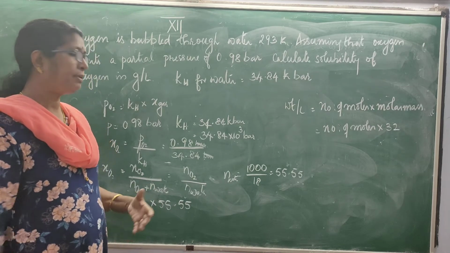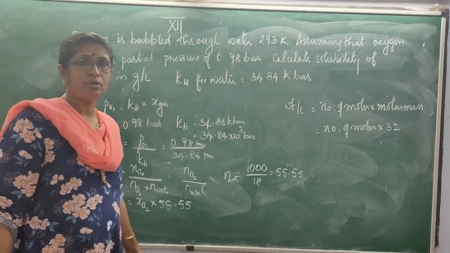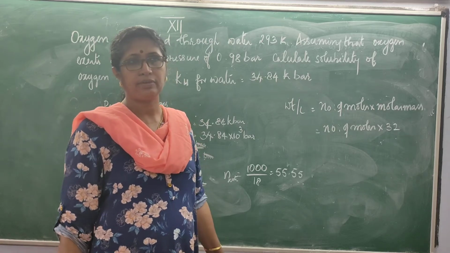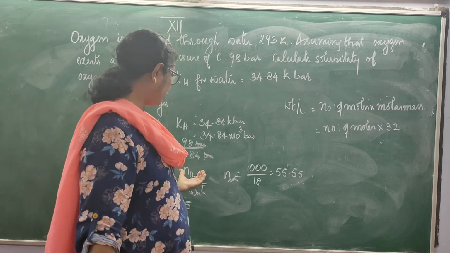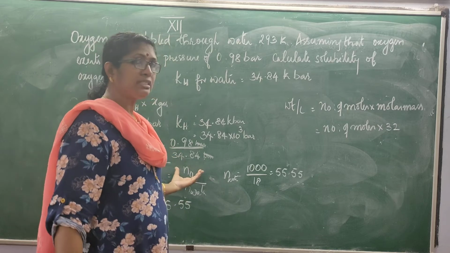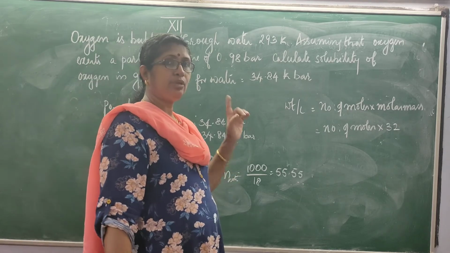When you compare number of moles of water with the number of moles of oxygen, number of moles of oxygen is very less. So we take it as almost equal to number of moles of water. So that is equal to number of moles of oxygen by number of moles of water. What we have to find out is number of moles of oxygen. Number of moles of water, it is in 1 liter.